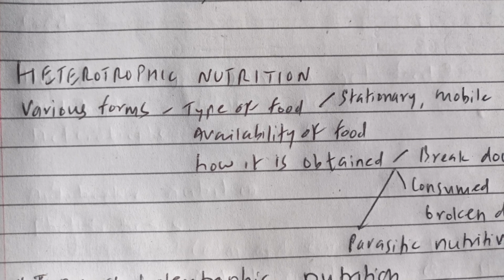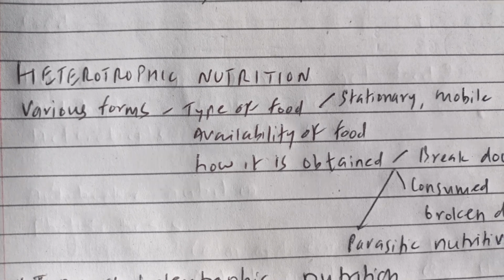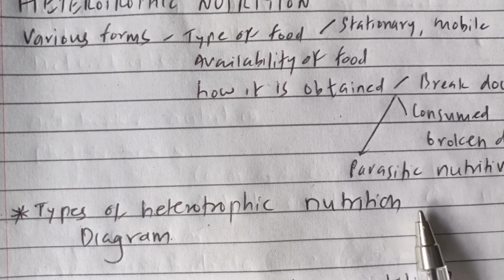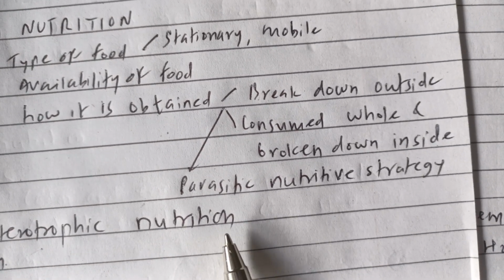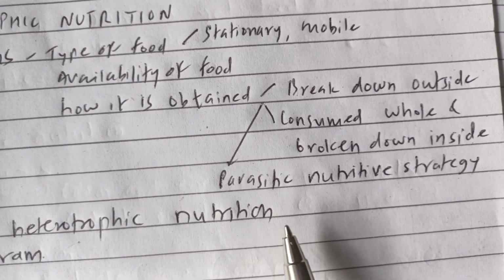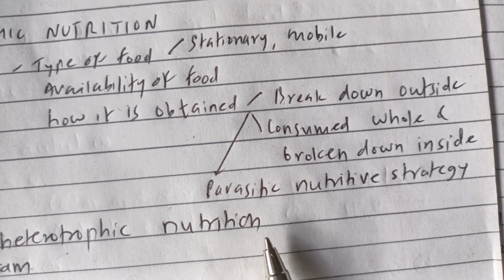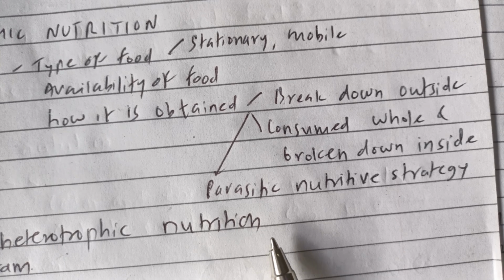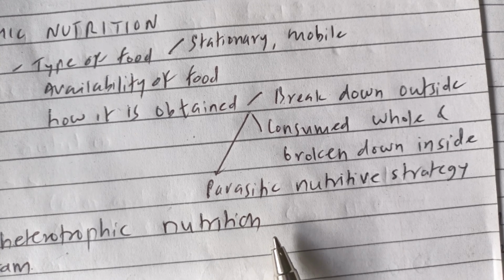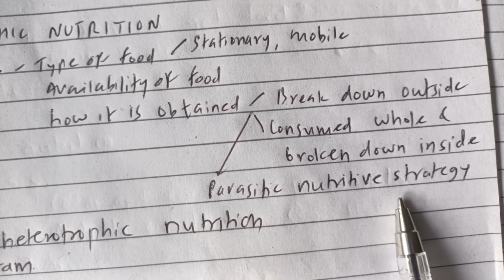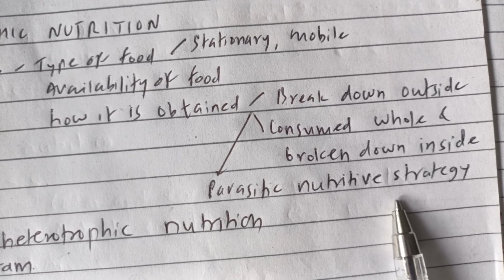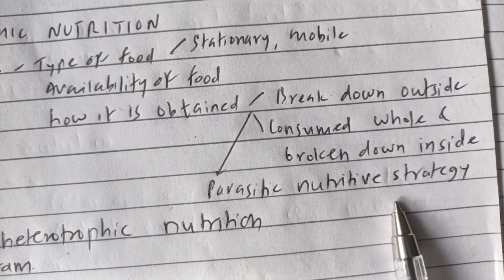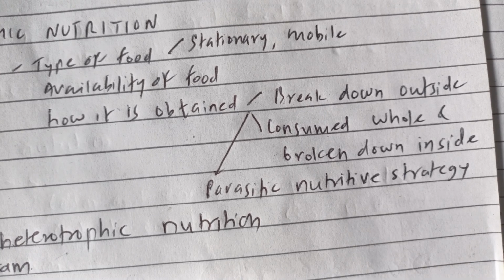Some other organisms use a parasitic nutritive strategy. That means they rely on plants or animals without actually killing them. This parasitic nutritive strategy is used by various organisms.